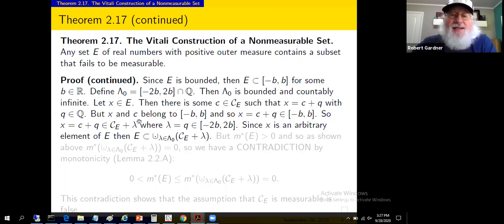Now, x and C both belong to this interval. They're both elements of E. x is an element of E, and so is C. So they're both in the interval from negative b to b. x we've expressed as C plus q. So x equals C plus q, and that's in C sub E plus lambda for some lambda between negative 2b and 2b. Think of it like this.